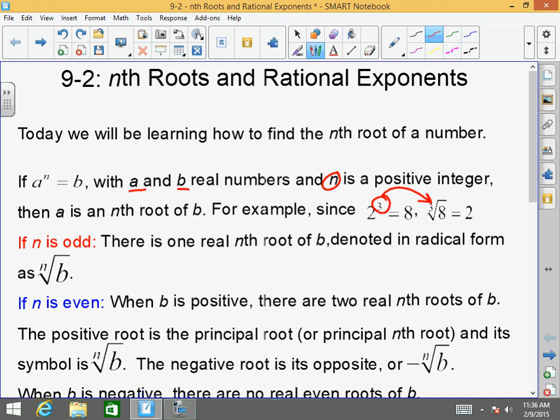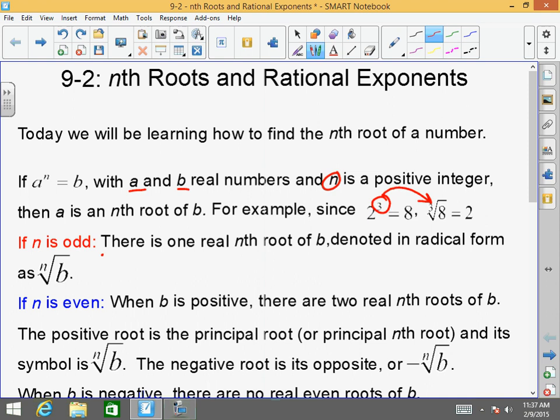If n is odd, there is one real nth root of b, denoted in the form as the nth root of b. There's only one. If it's odd, it's either positive or negative.